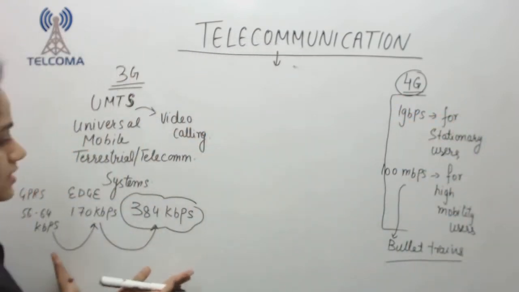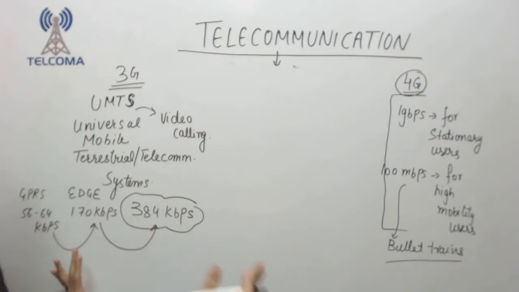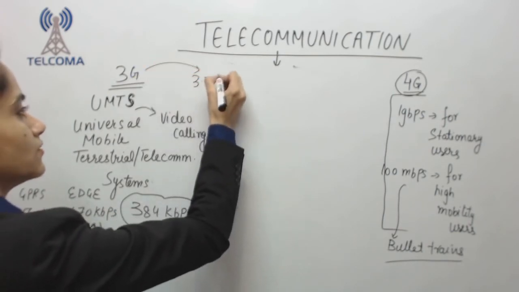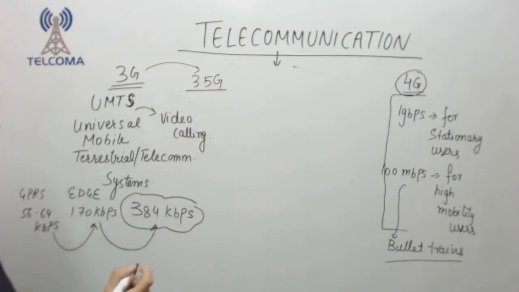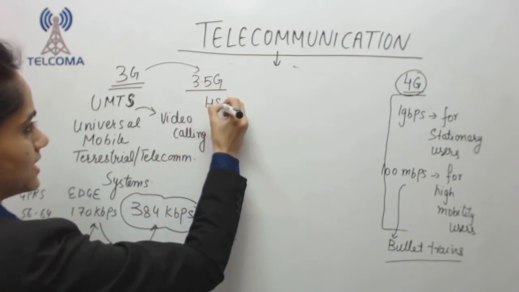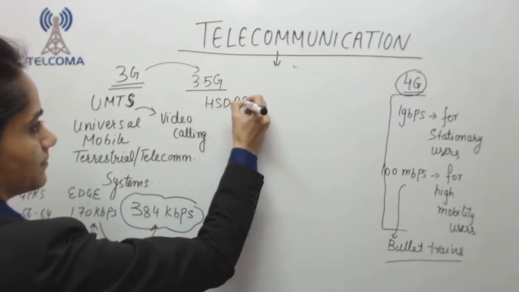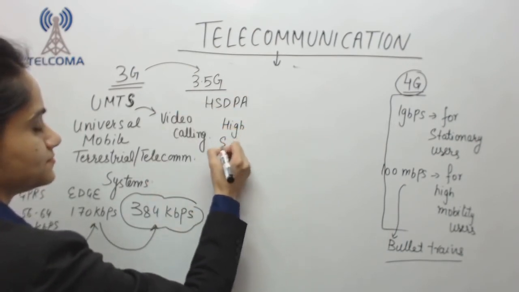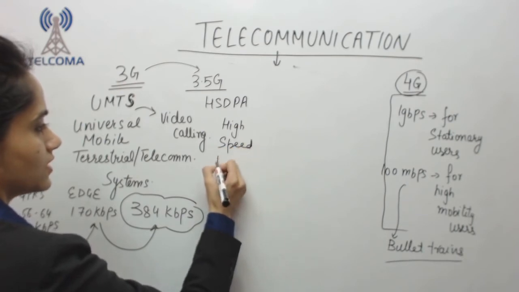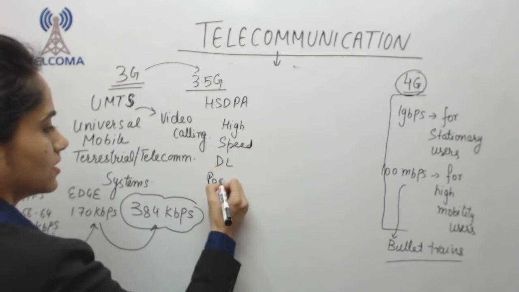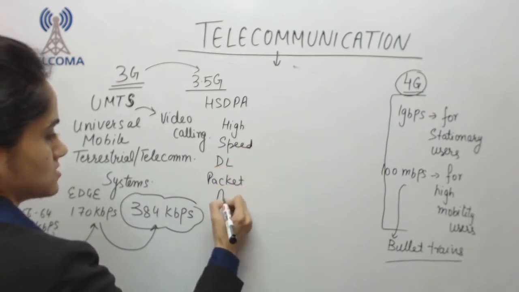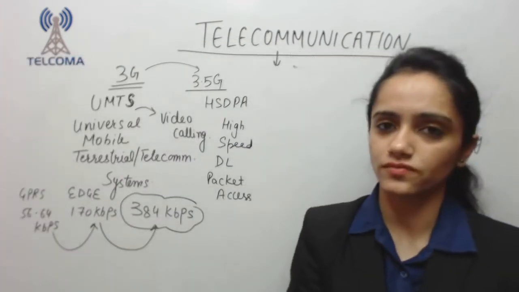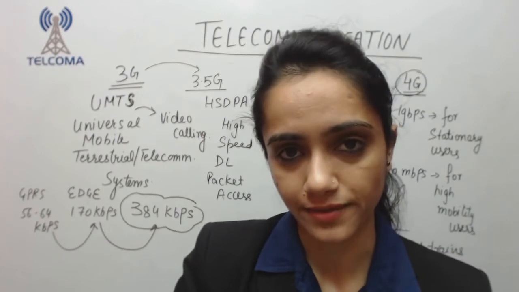Now we are in third generation, which means we need to move ahead. After this, we have 3.5G, which we call HSDPA, which stands for High Speed Downlink Packet Access. That means we have focused on the downlink speed because most users are downloading.